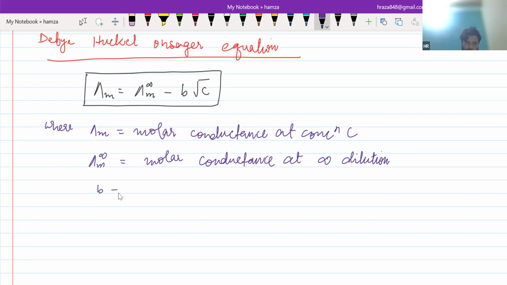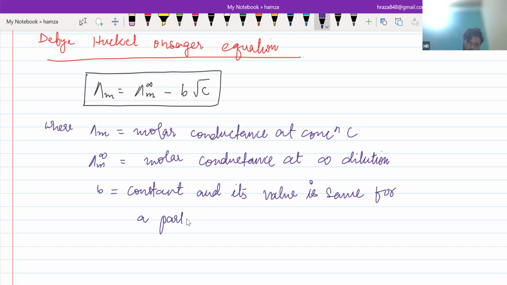And then b is basically a constant. In NCERT you can see there will be another constant, like a small c at the place of b. B is a constant, and its value is the same for a particular type of electrolyte.